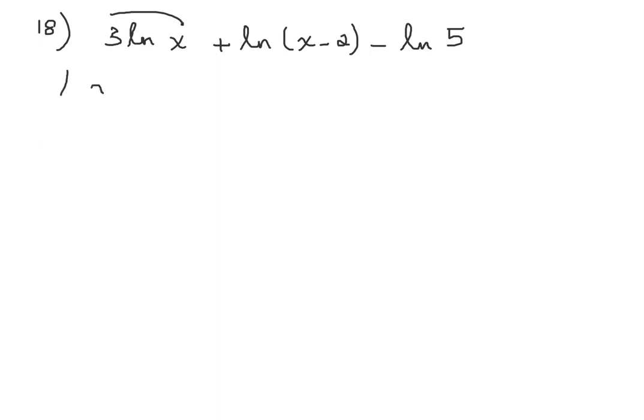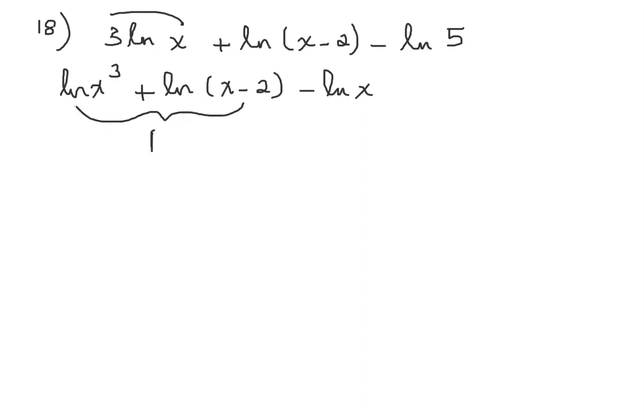Number 18. This is with natural logarithm. So let's see how we can do this. So whenever you have plus, they're all going to be product. So let's first move this one to the front. So it's going to be ln x to the third. So these two are going to be product.